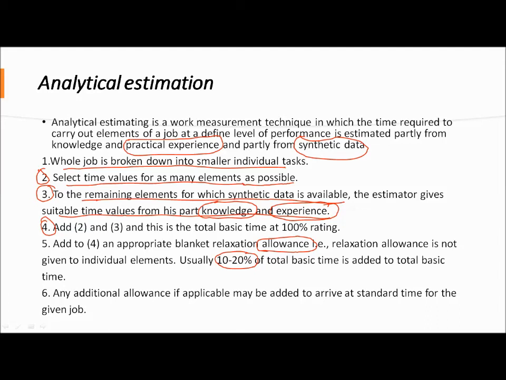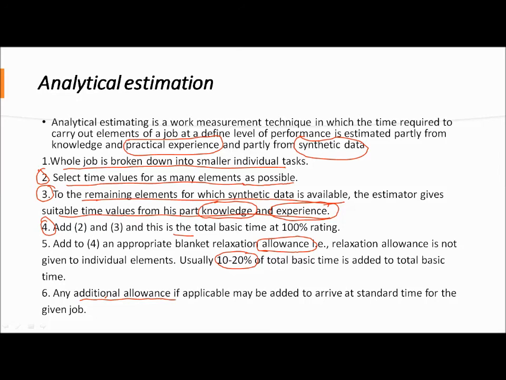So you got a basic time in the 4th step, so into that you add 10 to 20% of the basic time again, and then you get the total relaxation allowance which is required. And if you have any additional allowances, then you add it again according to the situation.